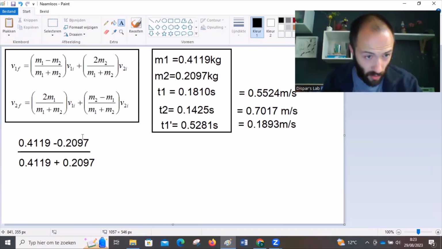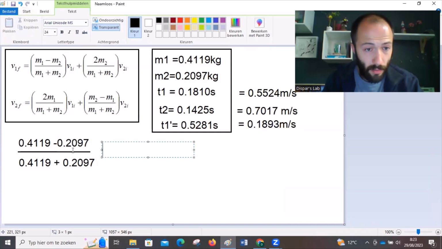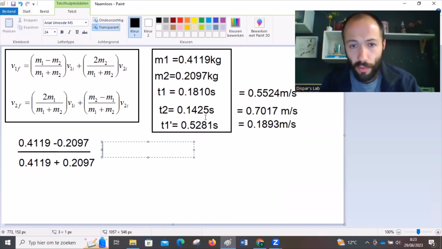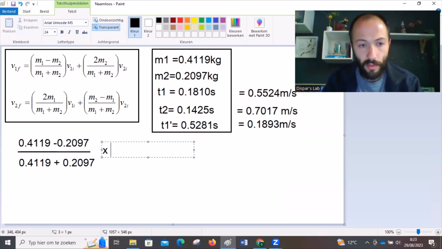And then times the V1 initial, which is 0.5524 meters per second.